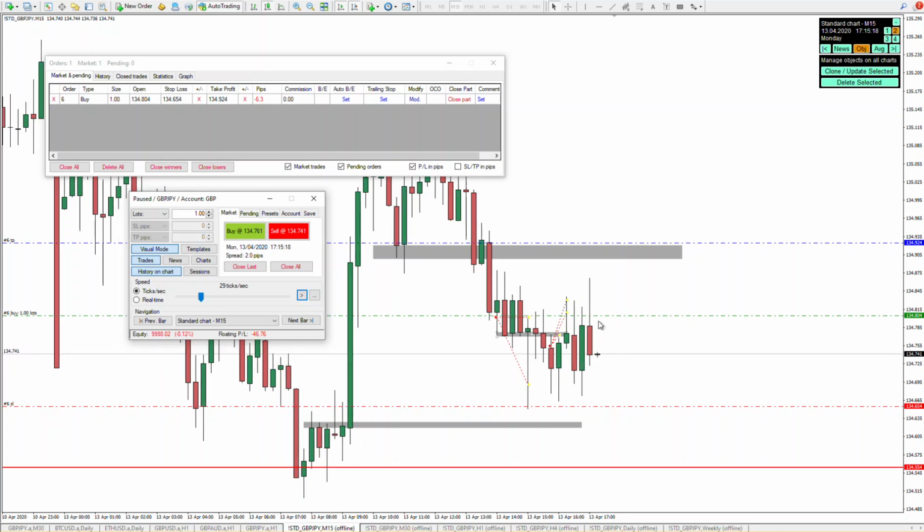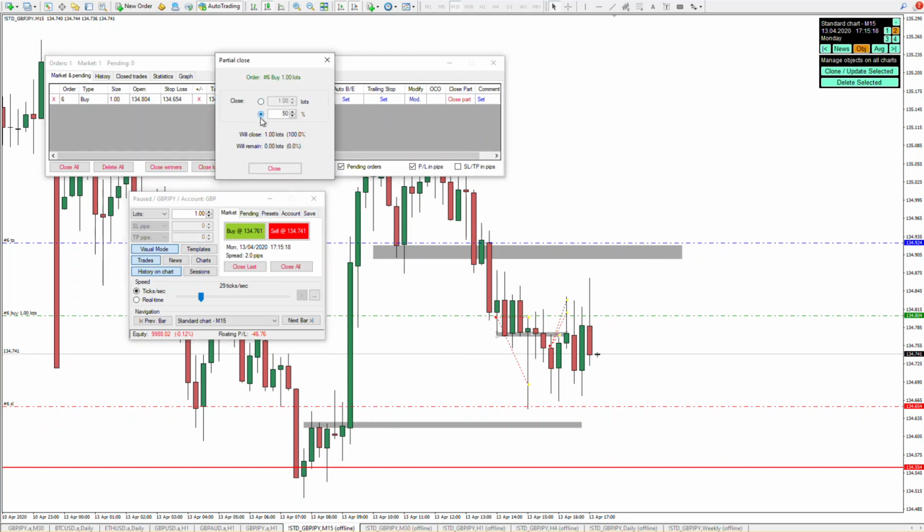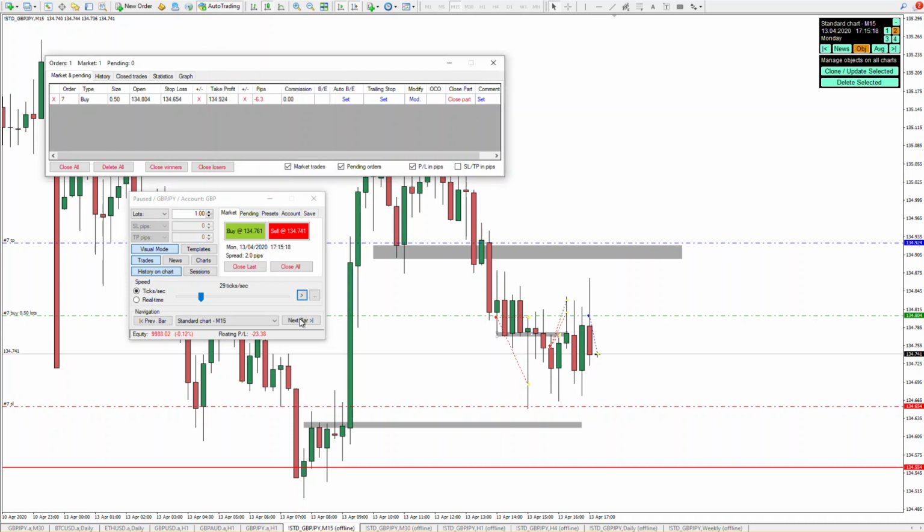Yeah. Candle close bearish. M15. Should not have done that. Let me close 50% on my trade and see what we have going further. I think I just should have closed everything. Just doesn't look good.